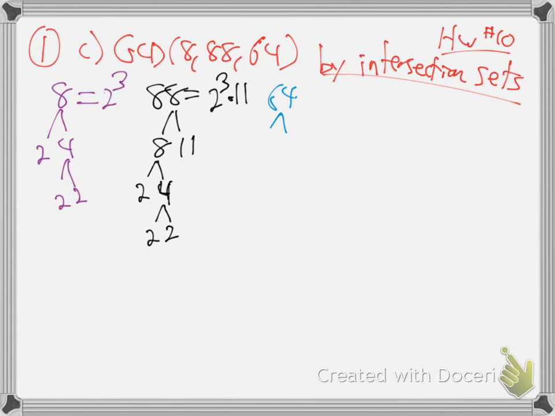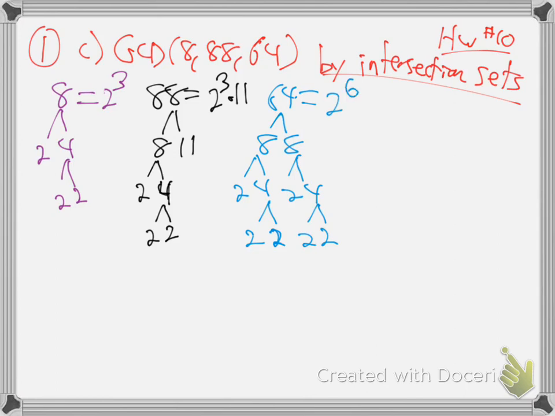And then 64 is 8 times 8, 2 times 4, 2 times 4, and each of those 4s is 2 times 2. I'm trying to go quick. So how many 2's do we have altogether? Yeah, 2 to the 6th. So 2 to the third, 2 to the third times 11, and 2 to the 6th.